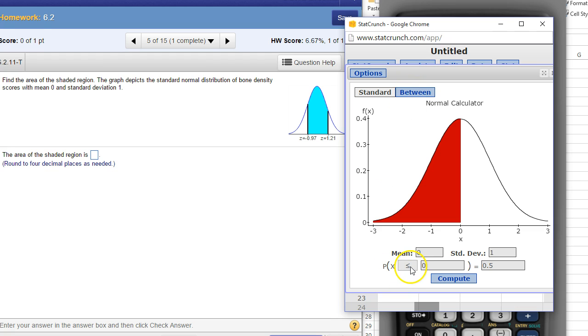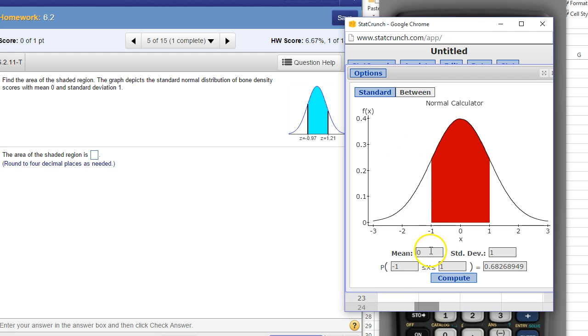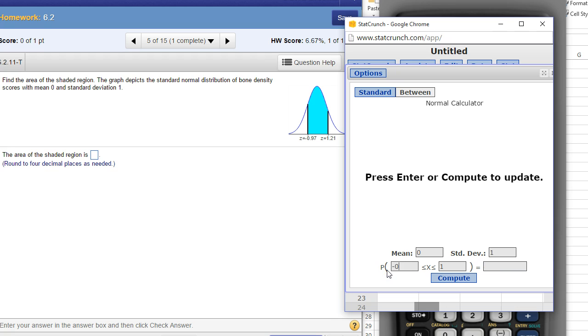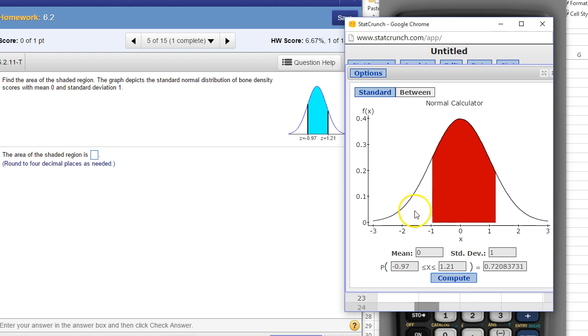It's not just strictly less than or greater than, it's between. So we're going to click between, and then it wants to know what's the two numbers that surround the number. So it's negative 0.97, and then positive 1.21, and then you just click compute.